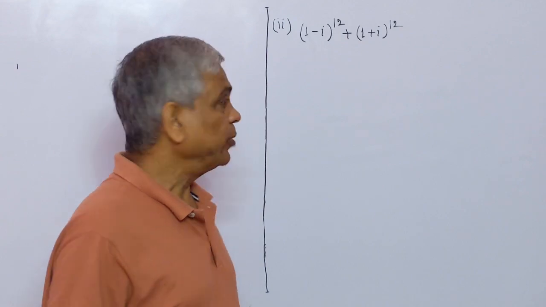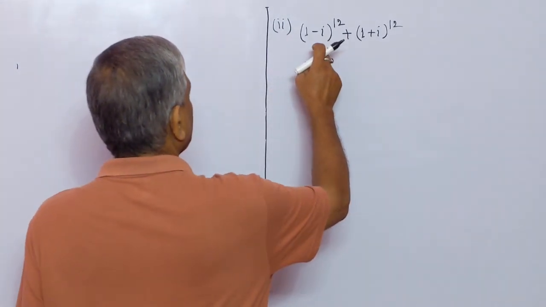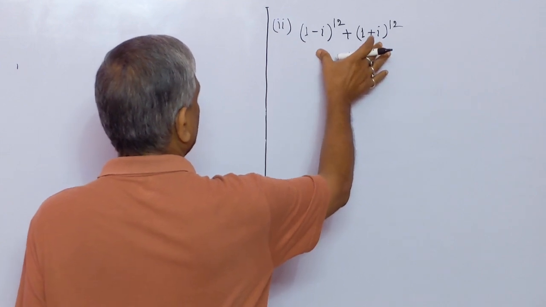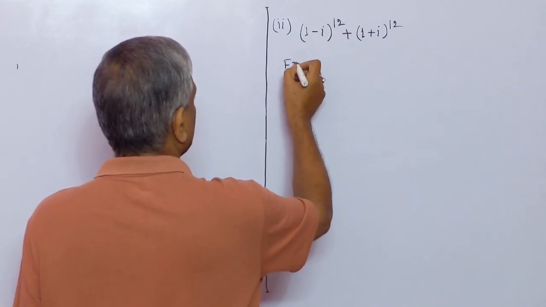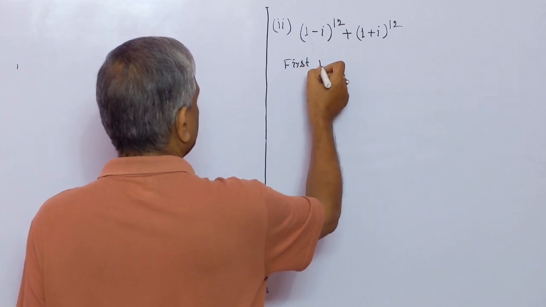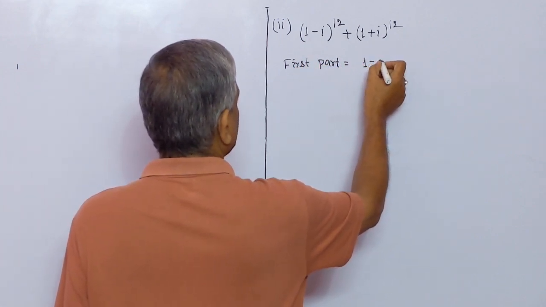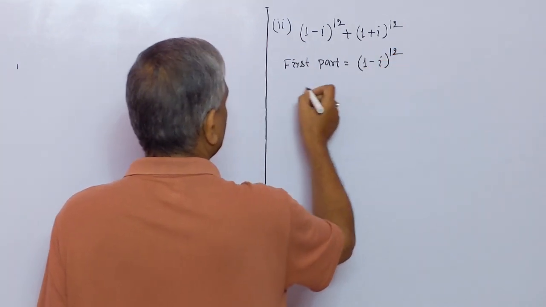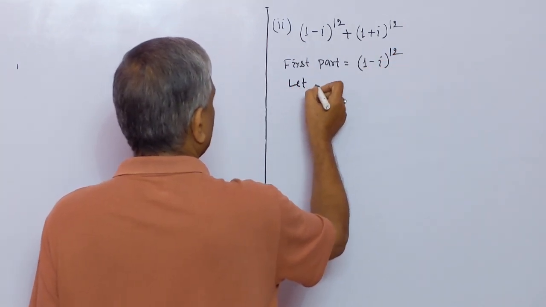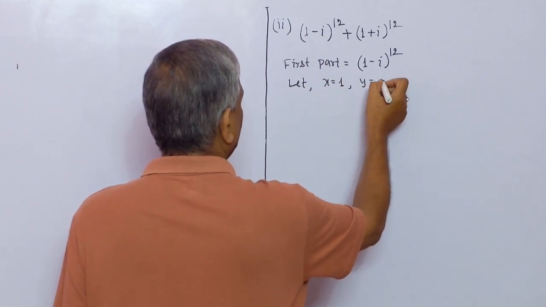Now we solve problem number 2. Here we have two parts. Firstly, we solve the first part. First part: 1 minus i to the power 12. Let x equal to 1, y equal to minus 1.